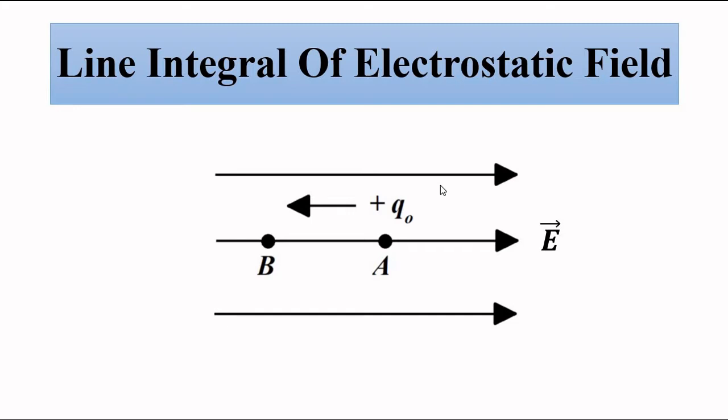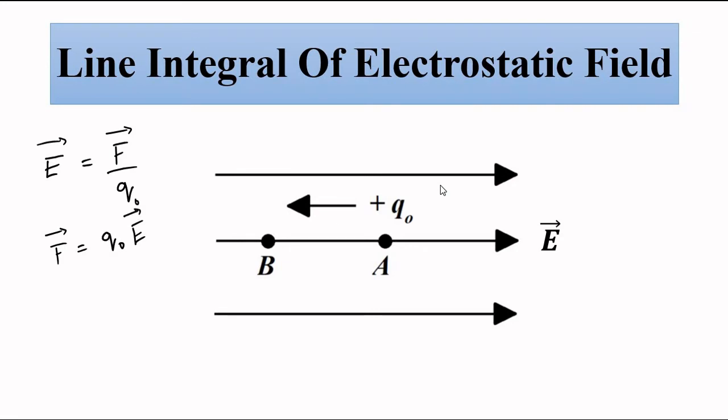We know that the electric field is expressed as the Coulombic force divided by the test charge. So the force acting on the test charge will be Q0 E vector.